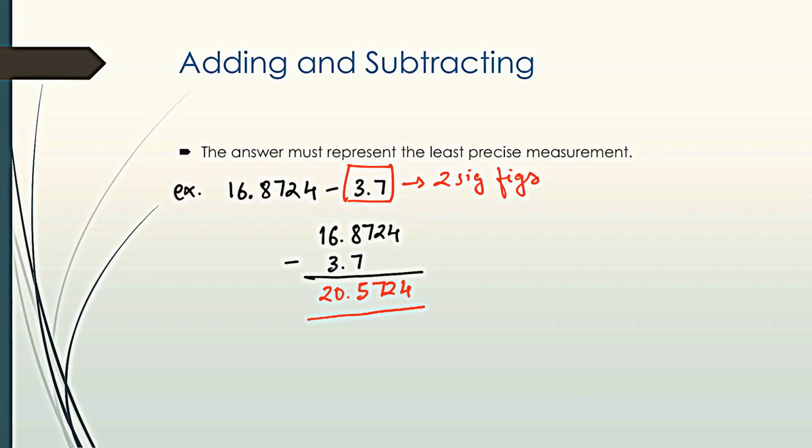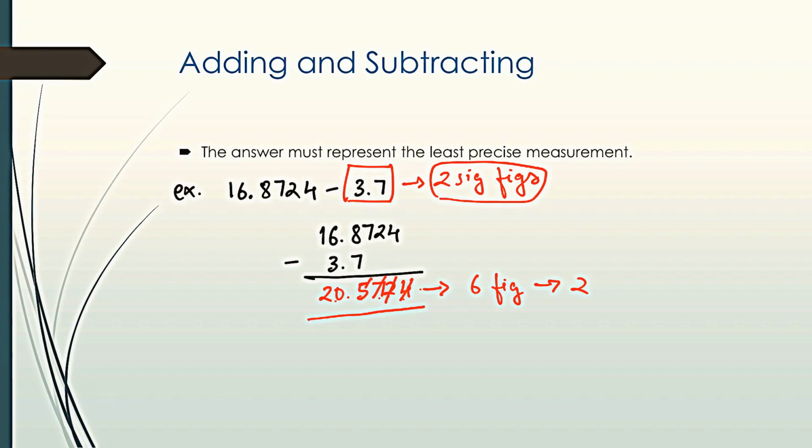And the answer comes out to 20.5724. Remember what I said? You can only have two significant figures. In this case, I've got 1, 2, 3, 4, 5, 6 figures over here. And I can only have two. So I'm going to get rid of this, I'm going to get rid of this, and I'm going to get rid of this.